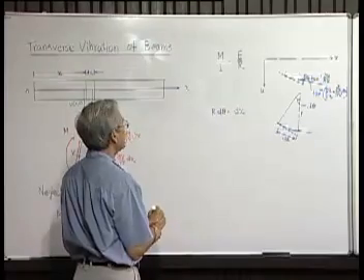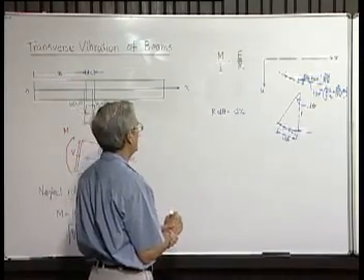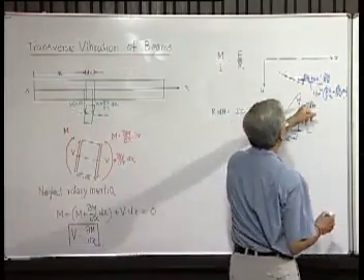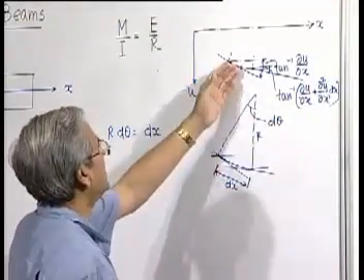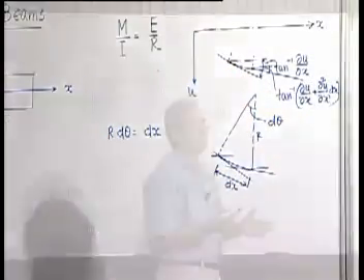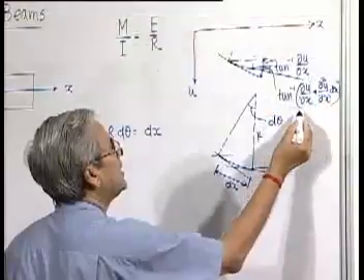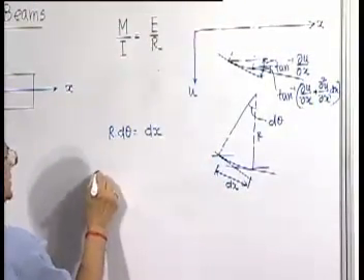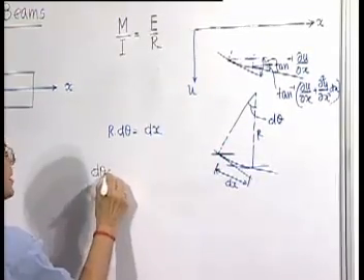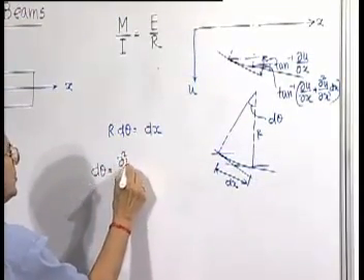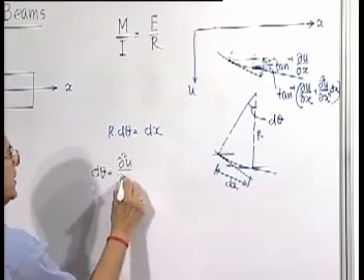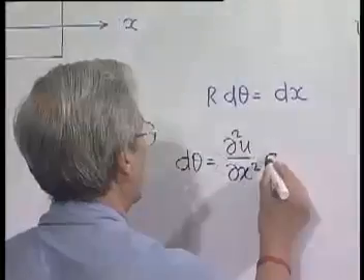Now, in terms of u, since these angles are all very small, we can always write tan theta equal to theta. Therefore, the difference between this and this, d theta, will be del 2u del x square into dx.